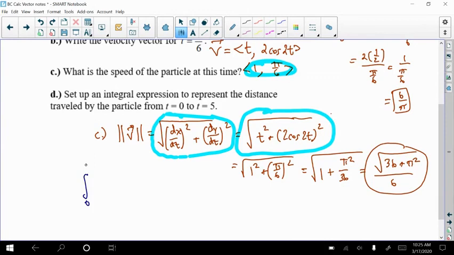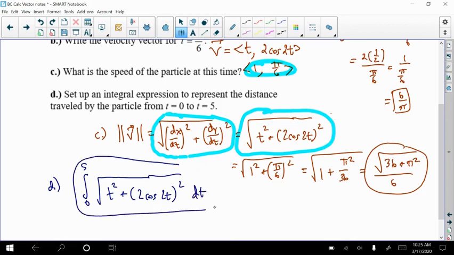From 0 to 5 of the square root of (dx/dt) squared, so t squared plus (2 cosine of 2t) squared, dt. And that's it. There is an integral that represents the total distance traveled from 0 to 5. And again, that should look familiar from parametric arc length.